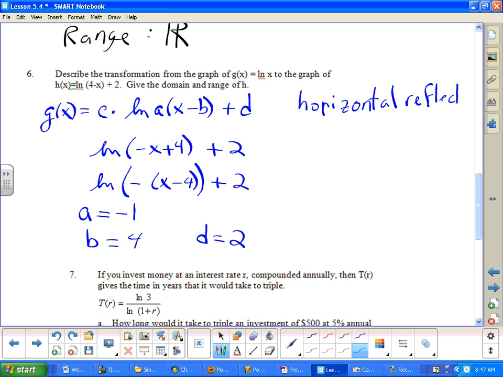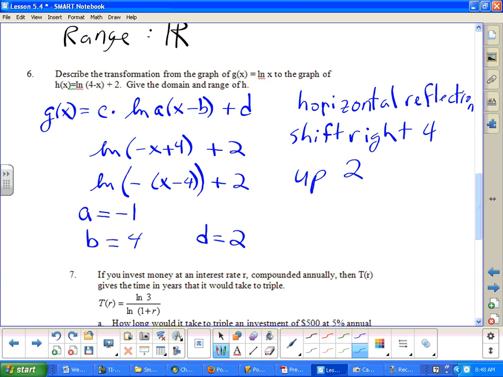Horizontal reflection, horizontal shift to the right, excuse me, sorry, to the right 4, and up 2. There's no vertical stretch or compression.